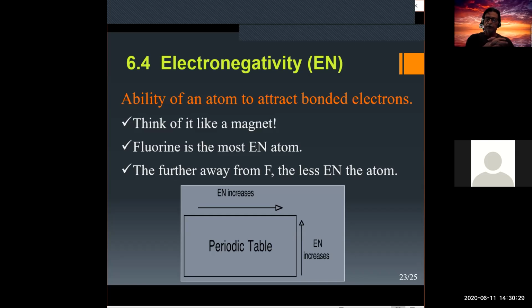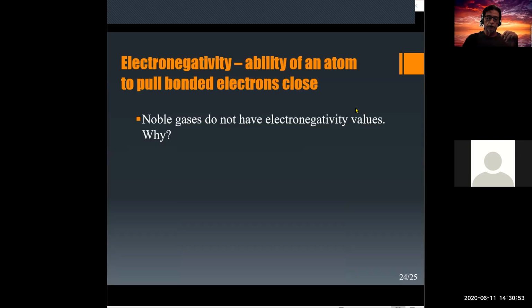Electronegativity is a very important property. It has a big effect on a lot of things in chemistry, and we're going to see more and more of that as we proceed. So this is a property to get a hold of, because we're going to use it quite a lot in the later chapters. All right. So again, noble gases obviously don't have any electronegativity at all, simply because their octet is full, and they don't make bonds.